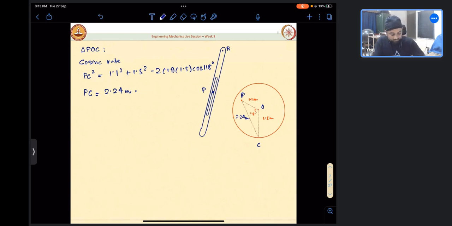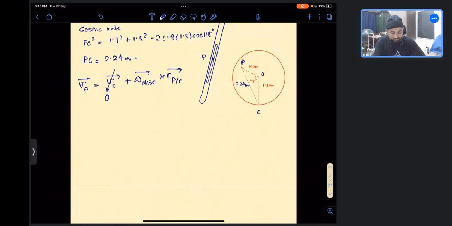Now the absolute velocity of P we can write as the absolute velocity of C plus omega disk cross r P with respect to C. Since C is the ICR, its velocity is 0.